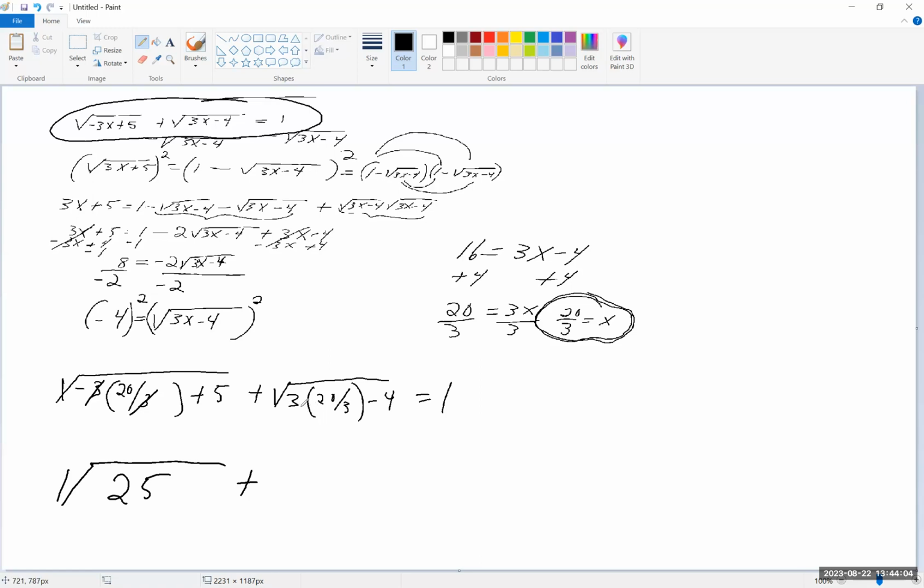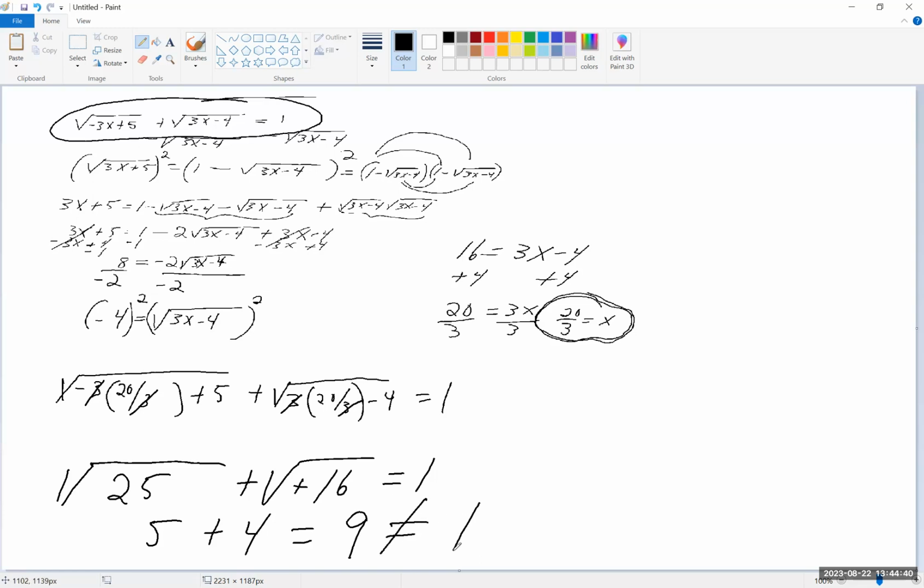And then the 3's cancel, 20 minus 4 is 16. This is 5 plus 4, which is 9.